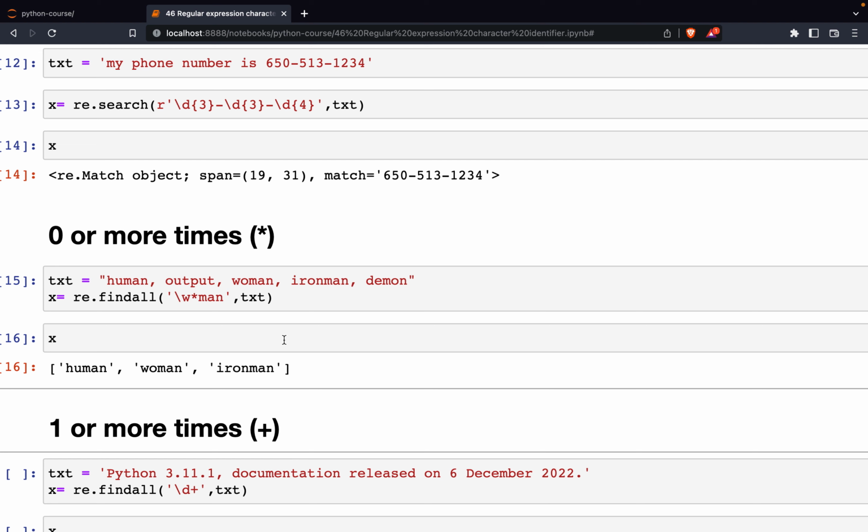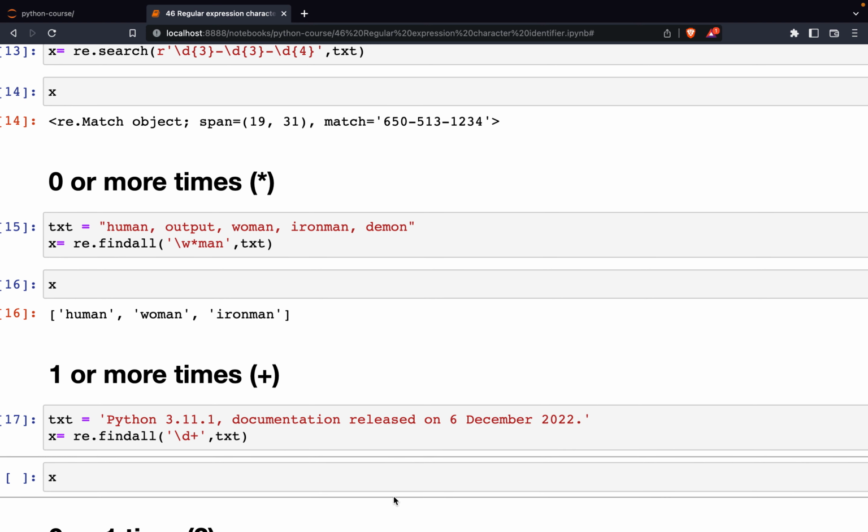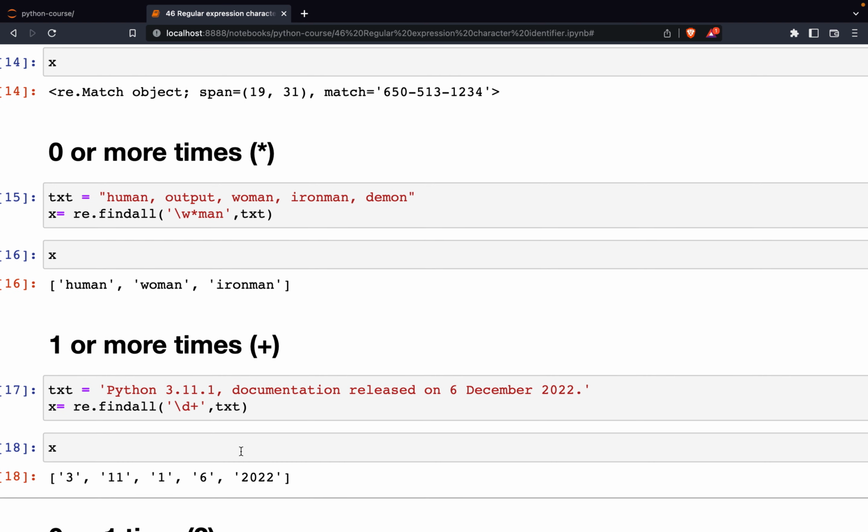And now if you want to check one or more times, for example, the digit occurring one or more times, so there are 3 is a digit, 11 is a digit, 1 is also a digit, 6 is a digit, and 2022 is also a digit. So we should get these 5 numbers.